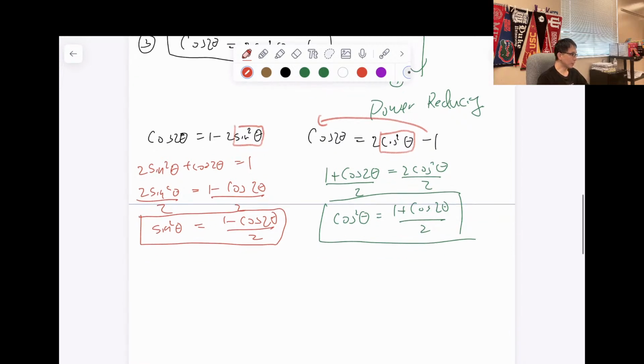But co-function identity is usually taught during graphing. But since I skipped graphing this year because I think graphing is going to be separate on its own, because a big portion of the SAT is going to be graphing, I'm going to spend one dedicated time just focusing on graphing a lot more.